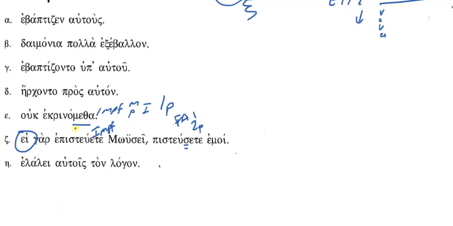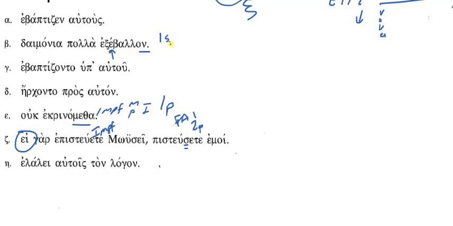Alrighty. If you can look at beta real quickly, we have daimonia polla exebalon. Now, exebalon is what tense? It's imperfect. You see the augment here? See the nu ending? What are my possibilities if this is an imperfect?